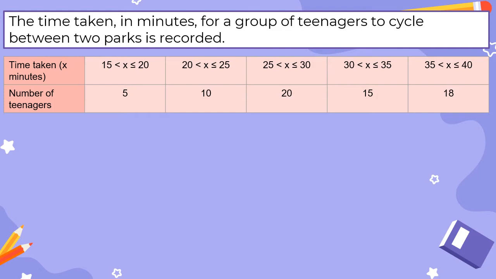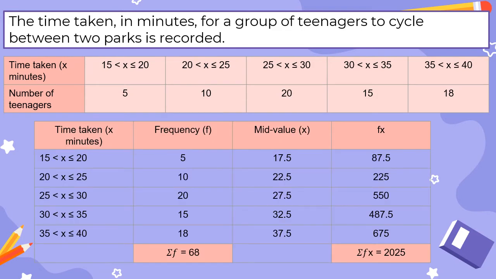Next, x is greater than 25 but less than or equal to 30, the number of teenagers is 20. Next, x is greater than 30 but less than or equal to 35, wherein the number of teenagers is 15. Next, x is greater than 35 but less than or equal to 40, the number of teenagers is 18.